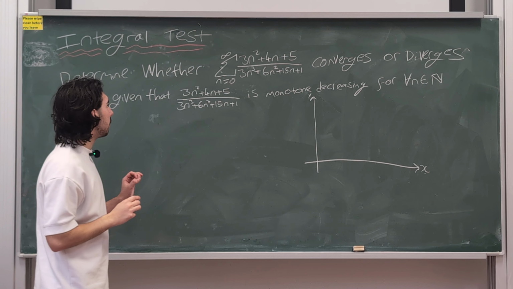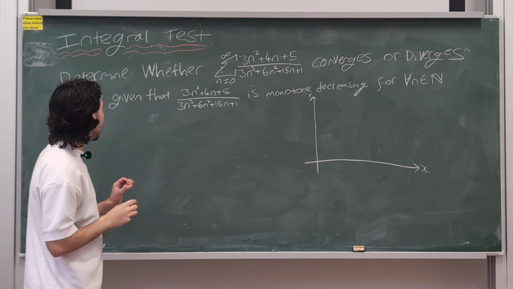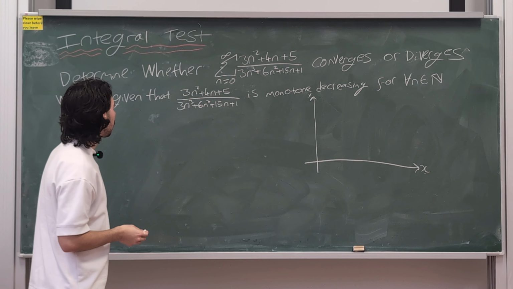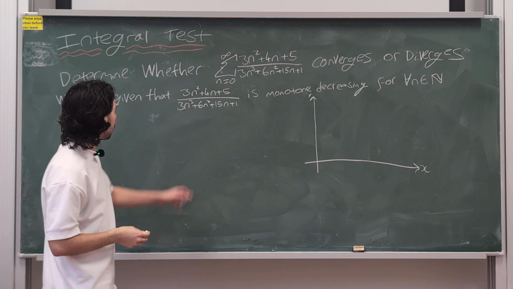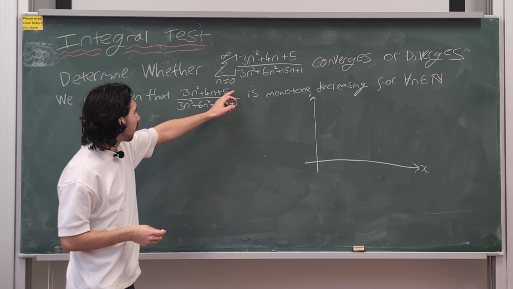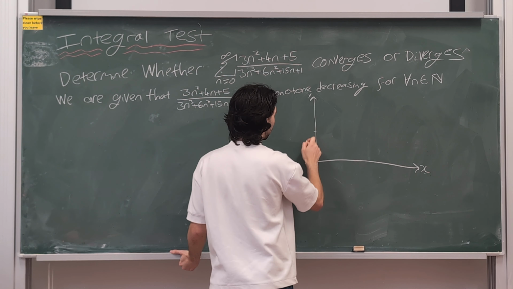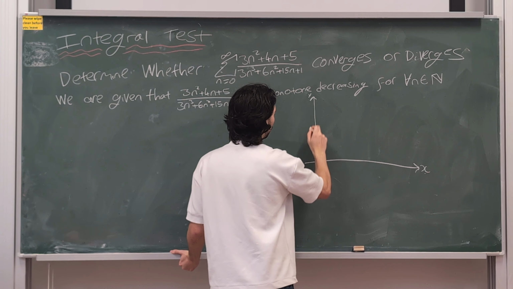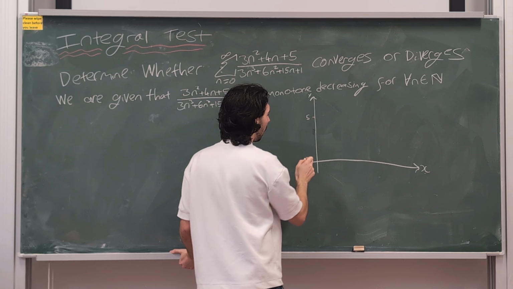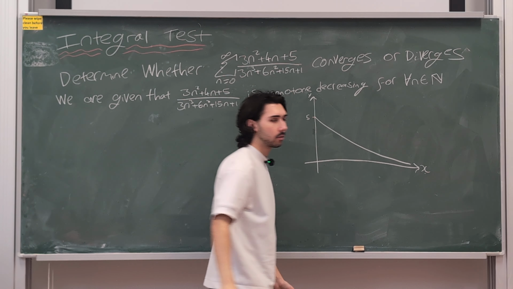The only value that I'm going to talk about is when n is 0, we have the number 5, because every single term is 0 except we have 5 divided by 1. So on the y-axis we'll have 5, and I'll draw it a bit higher up. Other than that, it is just decreasing, so it just looks like this, roughly.